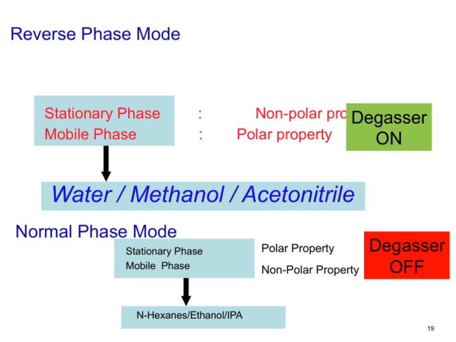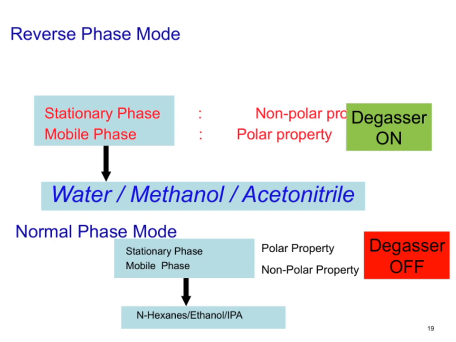The key here is the polarity of these phases, which determines the mode of separation. In normal phase mode, the stationary phase is polar, and the mobile phase is nonpolar. Conversely, in reverse phase mode, the stationary phase is nonpolar, and the mobile phase is polar.